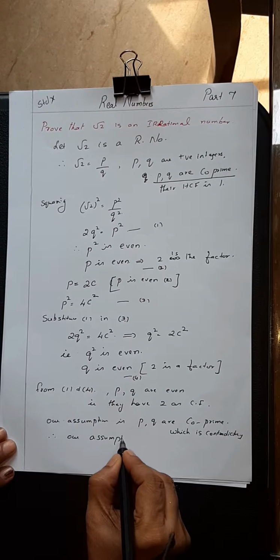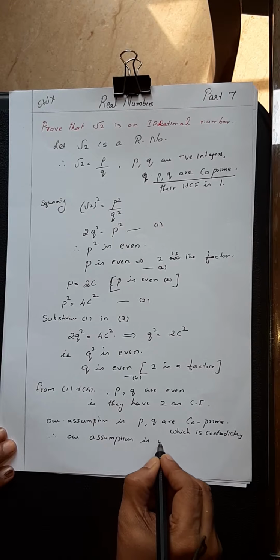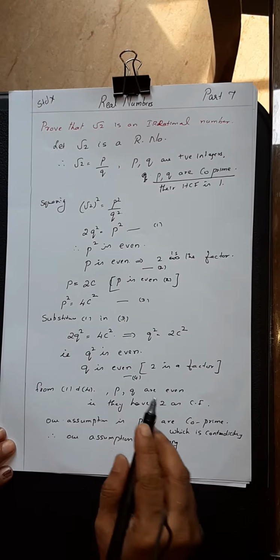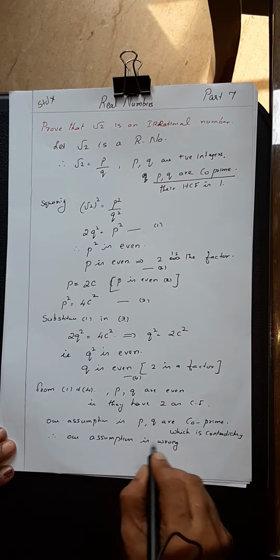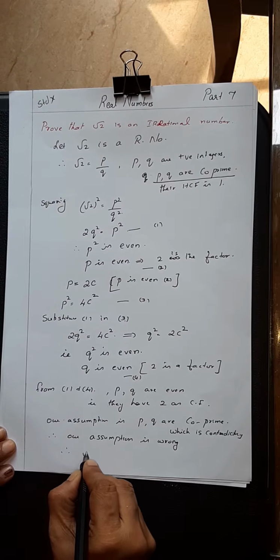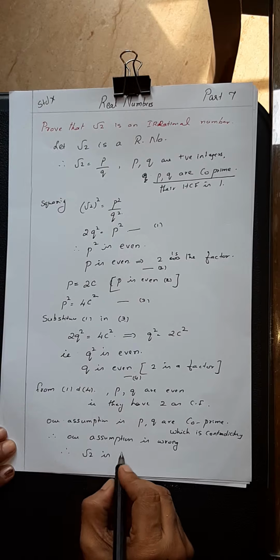So our assumption is wrong. Therefore, root 2 is irrational.